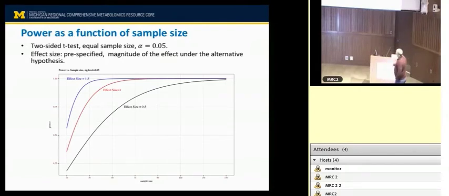When the effect size becomes large, that means that the two groups are further apart according to your data. And then with a much smaller sample size, you see here, we are almost at 95% power, or the probability of detecting that the null is false when it actually is false is almost 0.95.